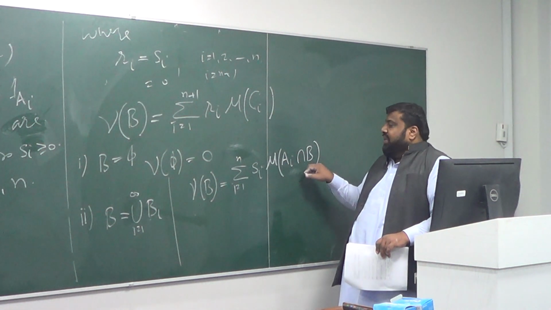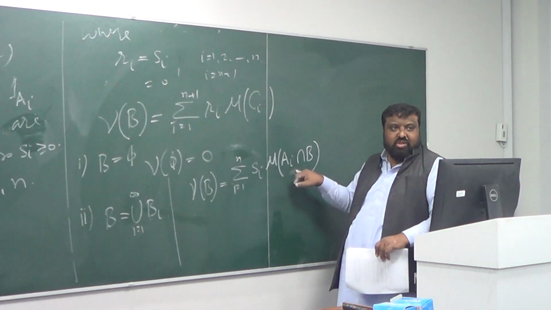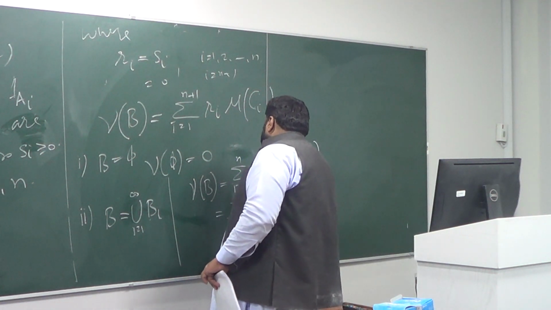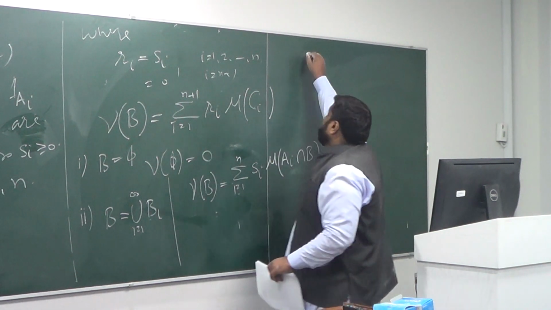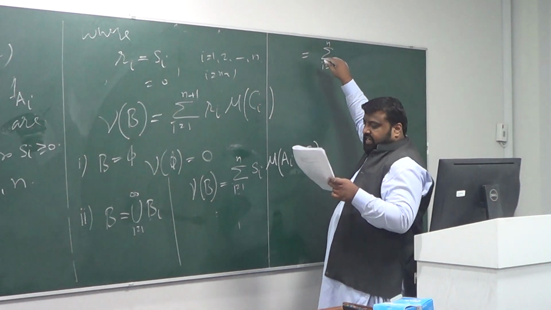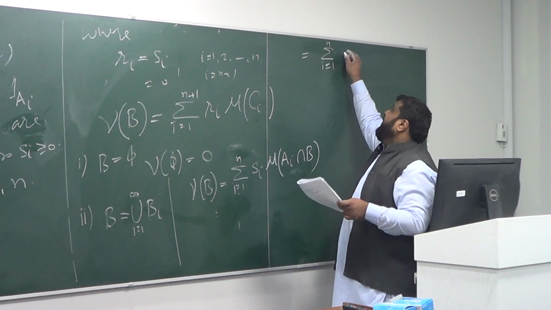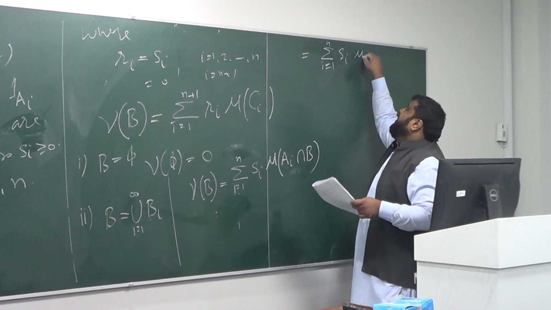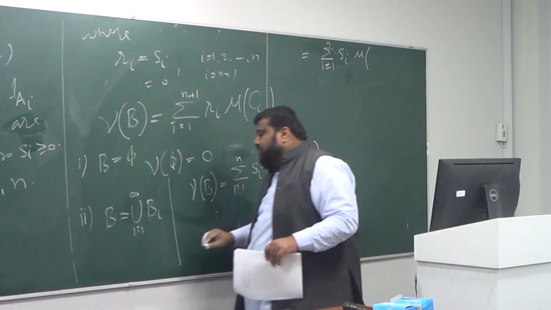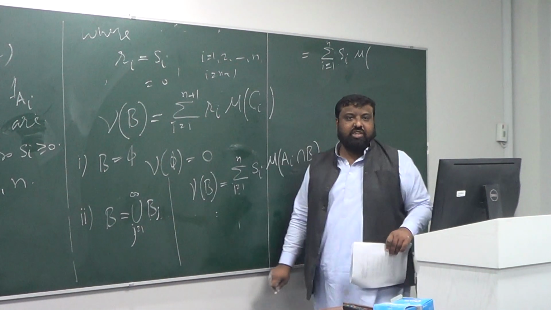Now, this B is a union, so I can apply the distributive law. It's going to be the sum over i equal to 1 to n, times s_i and mu of A_i intersection B. Let's not use the same index, let's put an index j here.